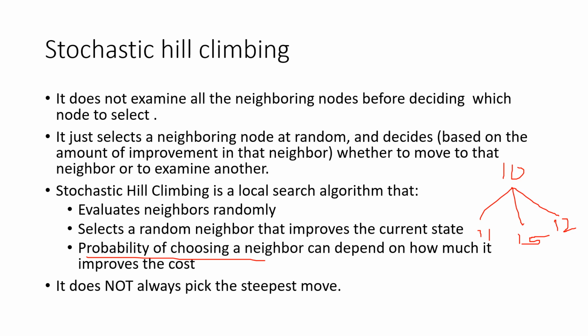The steepest ascent algorithm will anyway provide the best solution. Here it will randomly choose the neighbor, and whether it will explore the node depends upon the probability. That means depending upon whether there is a large improvement or a lower improvement, accordingly, according to the probability only, it will select that particular one.